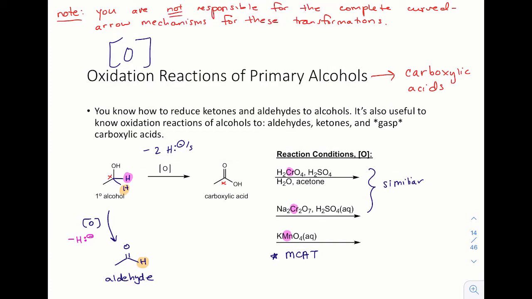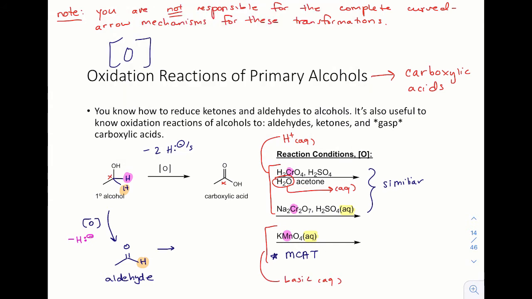Now, you'll notice something if you take a look at the conditions. Each set of conditions is aqueous, or at very least has water around. The top two sets of conditions are under acidic aqueous conditions, whereas the potassium permanganate oxidation is under basic aqueous conditions.